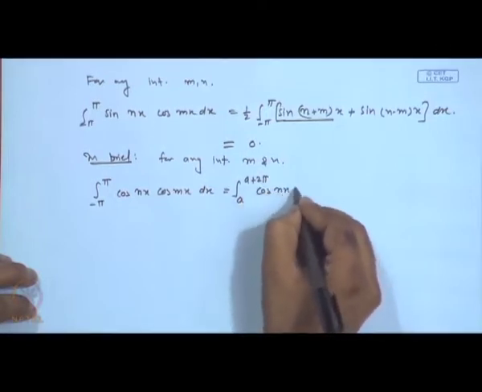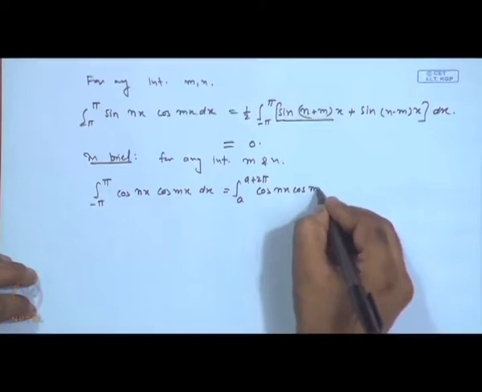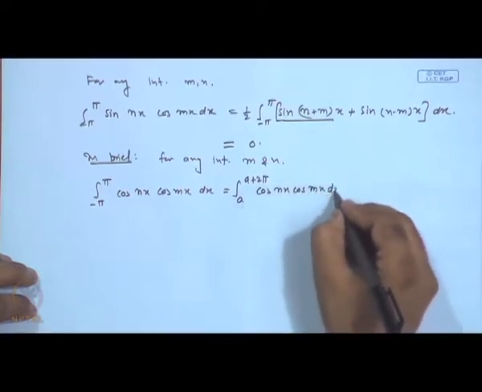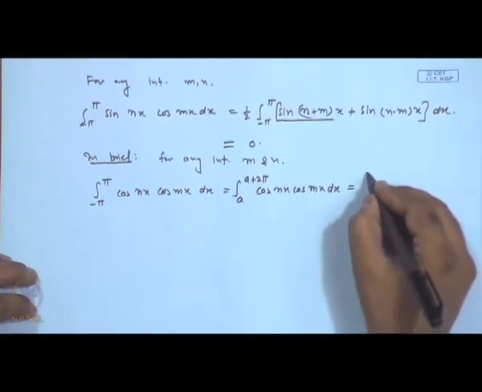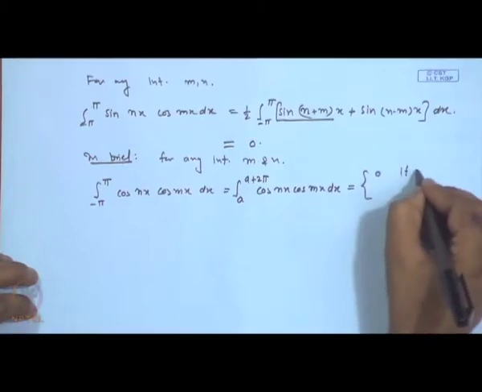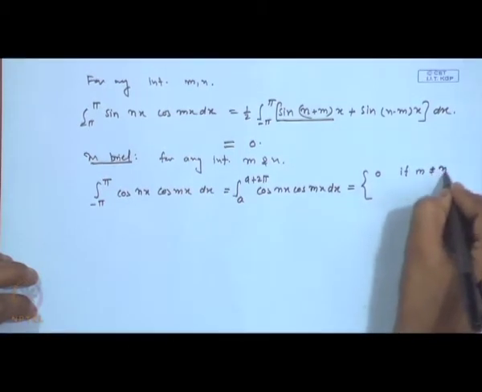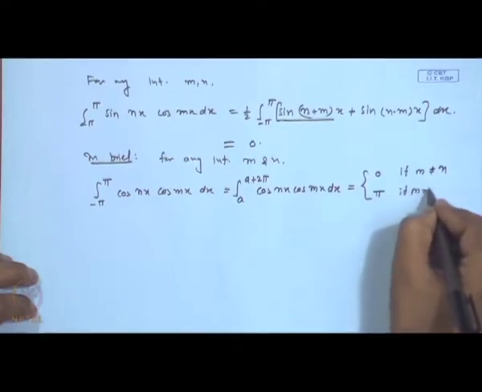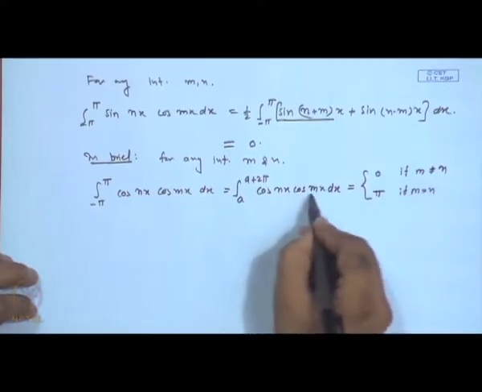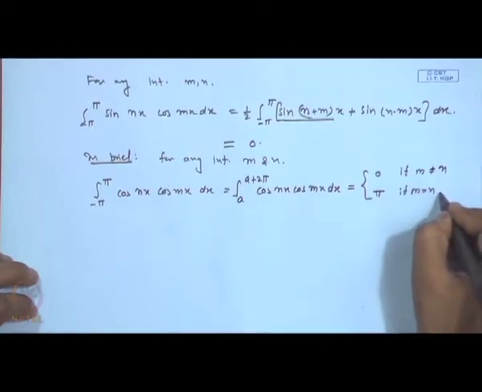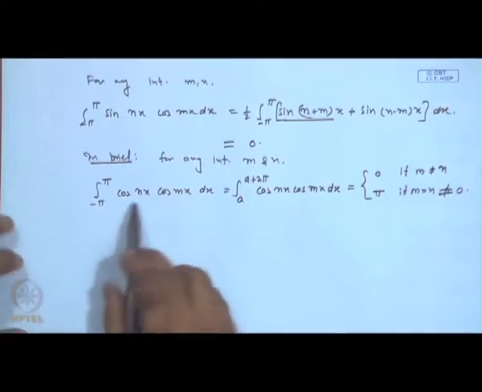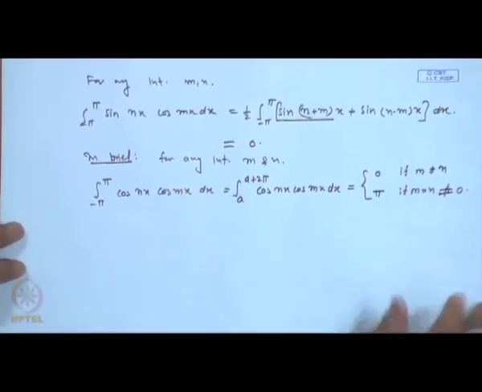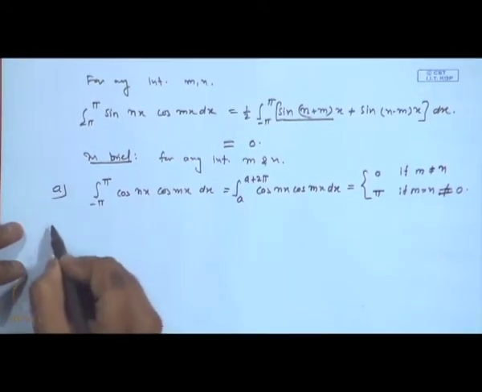This will be 0 if m is not equal to n, and will be pi if m is equal to n, because in that case we have the square here. Of course, n should not be equal to 0, otherwise we will have the value 2 pi here. So, this is one result we have.